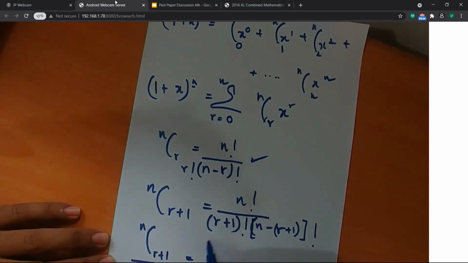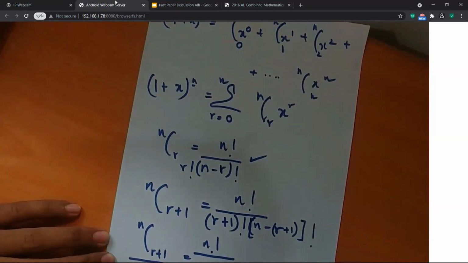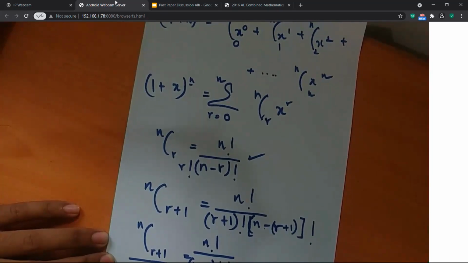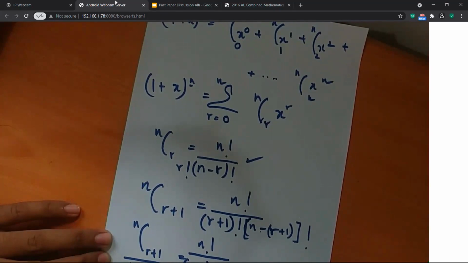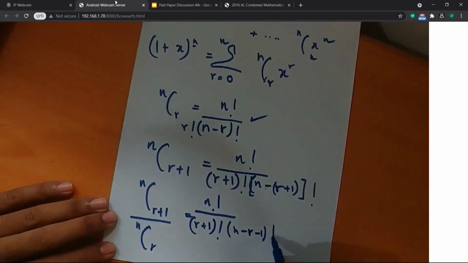That is equal to factorial n divided by (r plus 1) factorial into (n minus r minus 1) factorial.